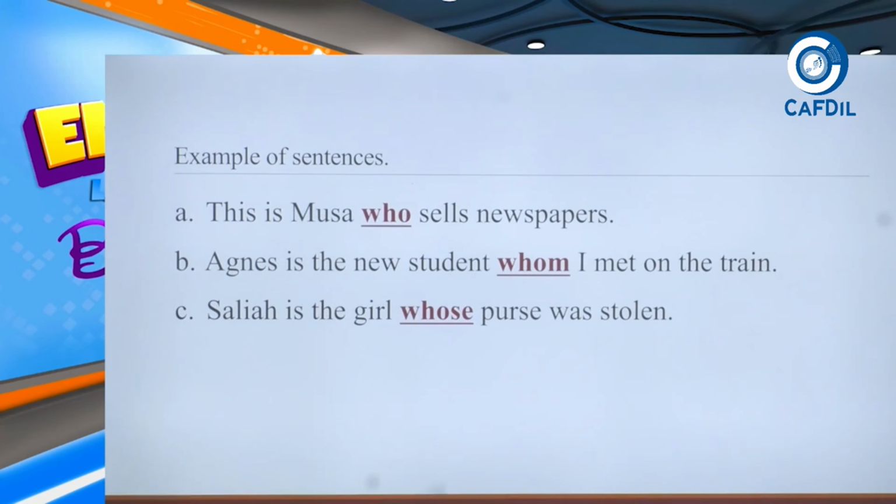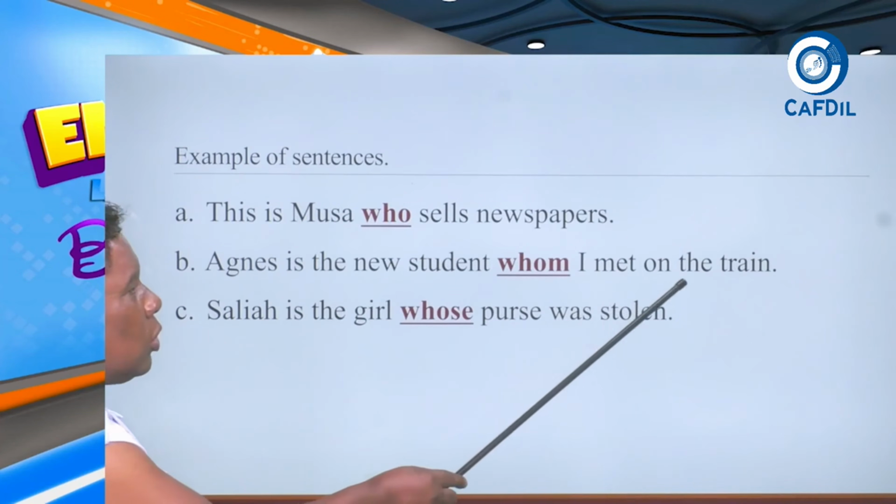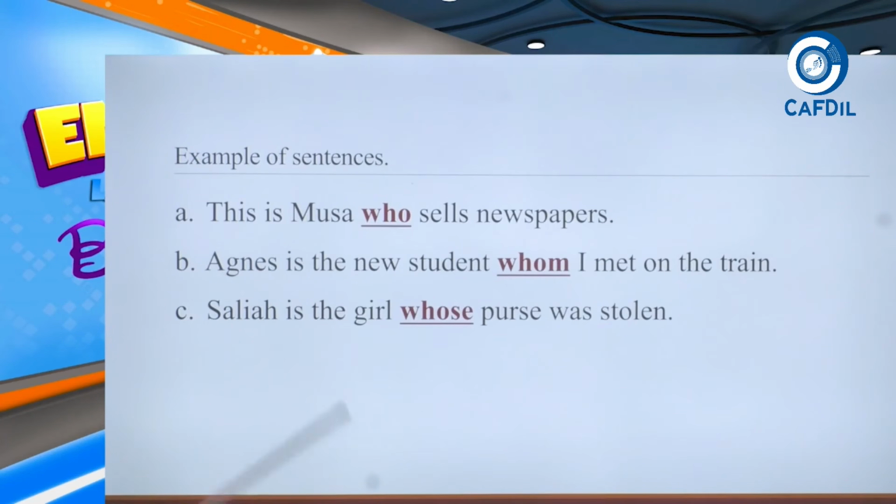Examples of sentences. A. This is Musa who sells newspapers. B. Agnes is the new student whom I met on the train.